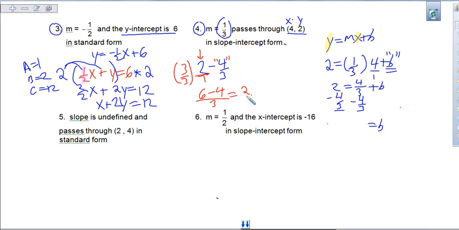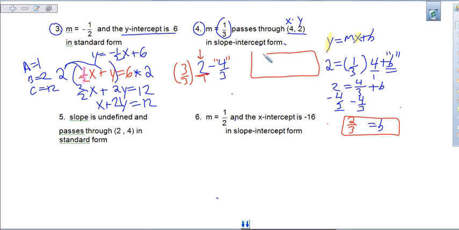And of course we get that that equals a positive 2/3. So in slope-intercept form, now we have everything we need. And we can do it right here. Y equals m, which was given to us, is 1/3 x, and we just calculated b right here, so we just plug in 2/3.